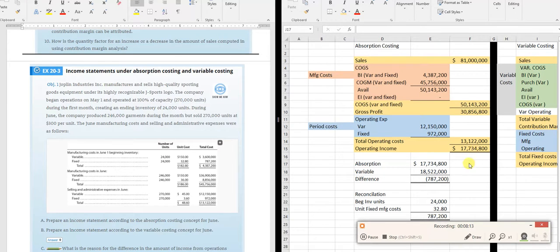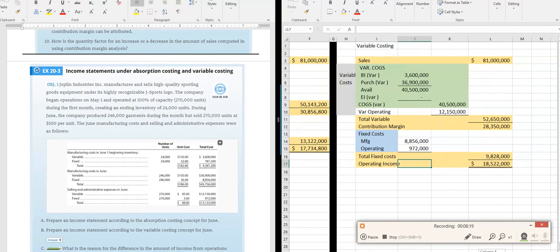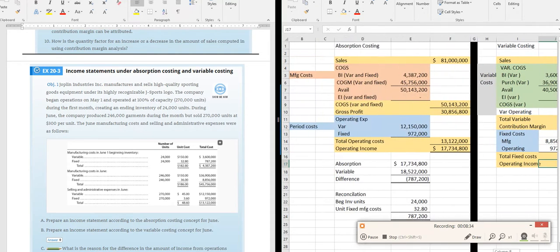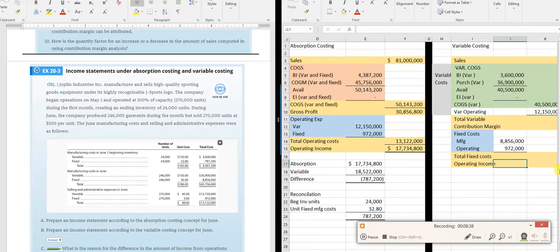All right. And then the other one is called the variable costing income statement. You've actually done this so far in this chapter. It's sales minus variable costs. Sales minus variable costs is contribution margin, minus fixed cost is operating income. And what we're going to find out is the two aren't always the same number.